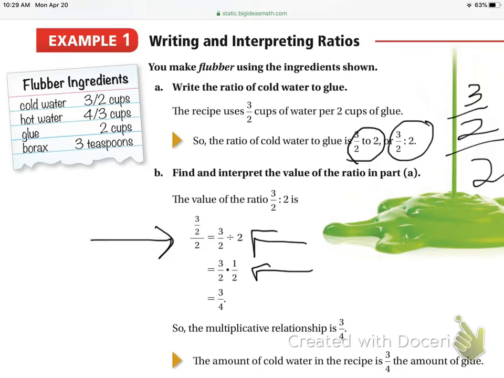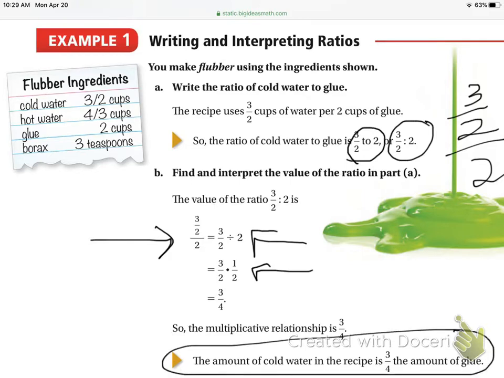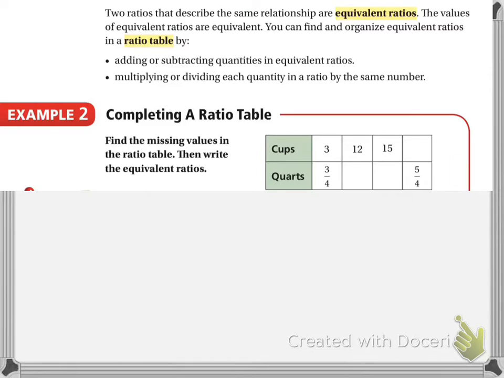What that means is the amount of cold water in the recipe is 3/4 the amount of glue. And you can see that's how they interpreted it right there. By taking that division of the ratio, we can see that the amount of cold water is 3/4 the amount of the glue.